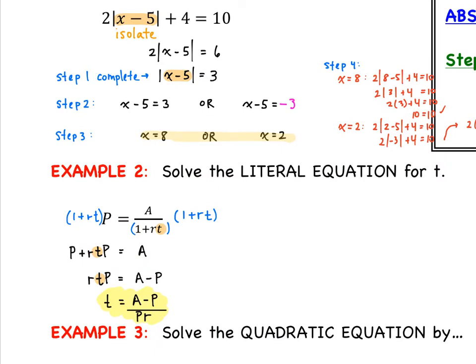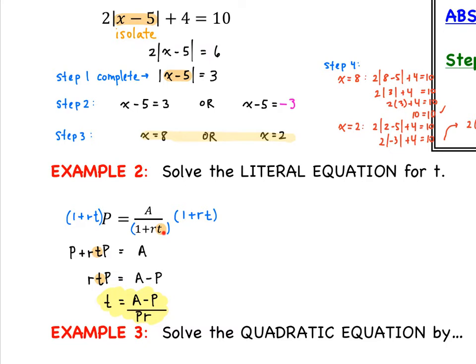The next example deals with literal equations. Literal equations are essentially formulas, and you're solving for a particular variable. So in this case, we're going to solve for t. So what we need to identify is, where is t at? So we see that t is in the denominator. So before we can even really begin to get t all by itself, we need t out of the denominator.